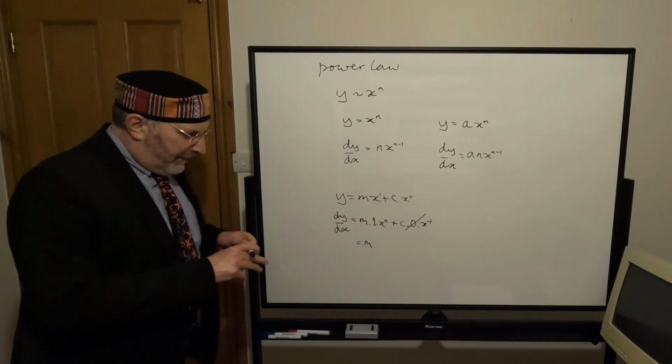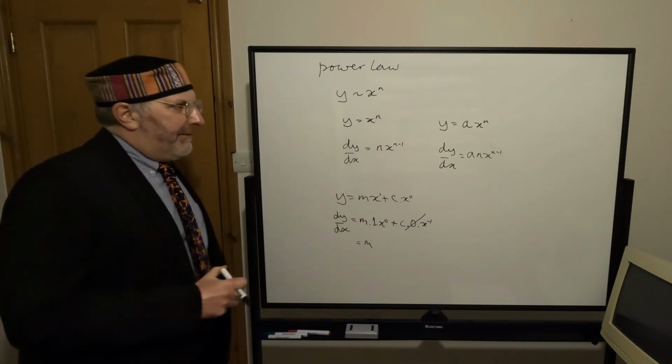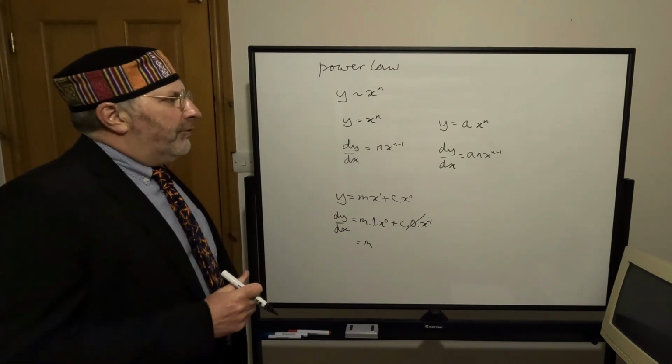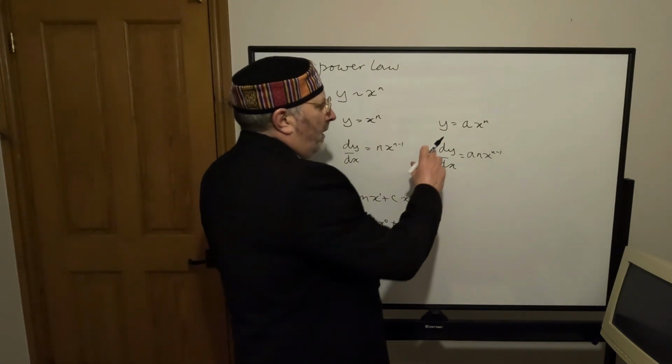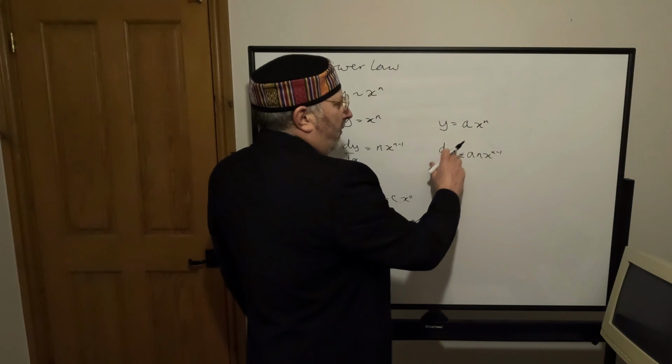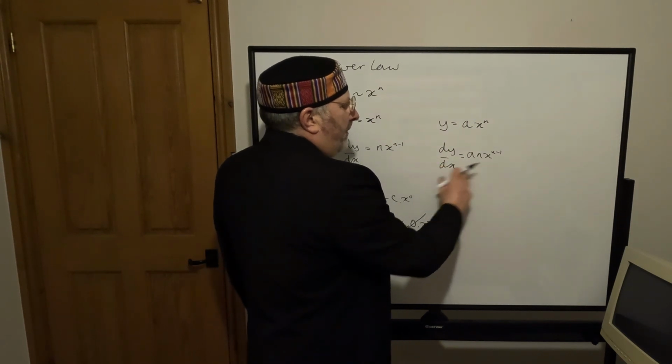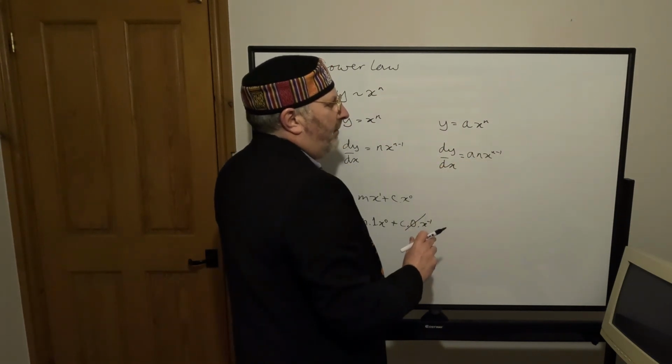And while we're on this, we might just note then about the antiderivative, so that if we said that if y equals ax to the n, then dy by dx equals anx to the n minus 1.